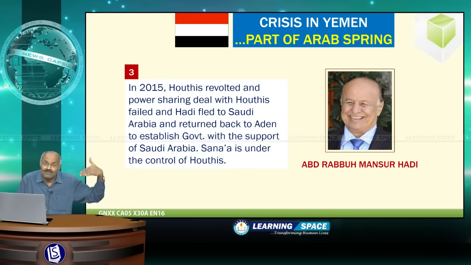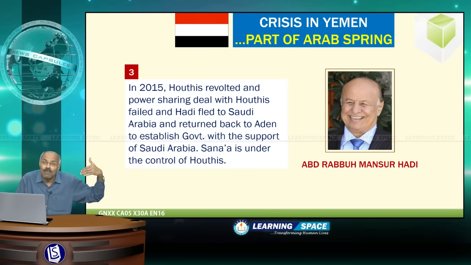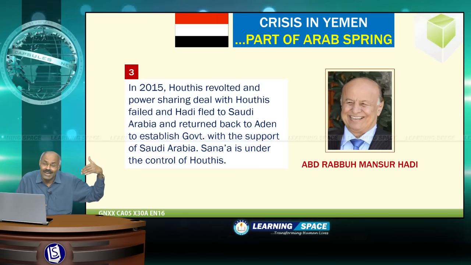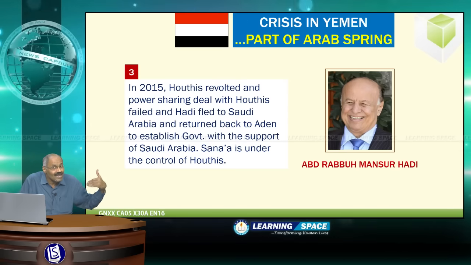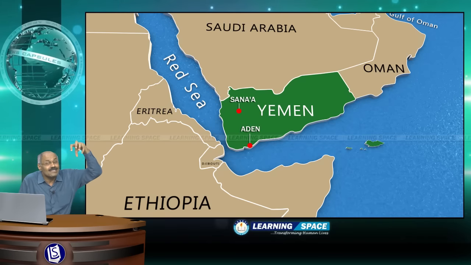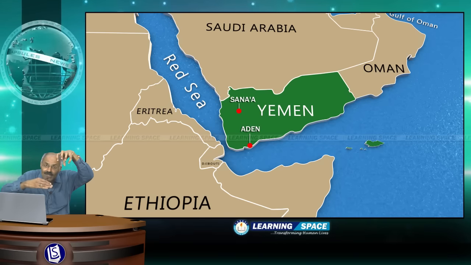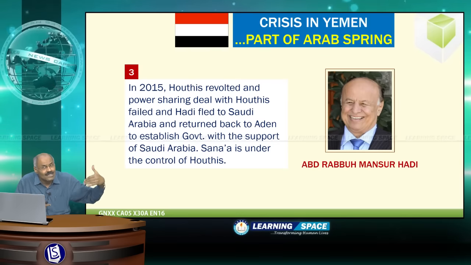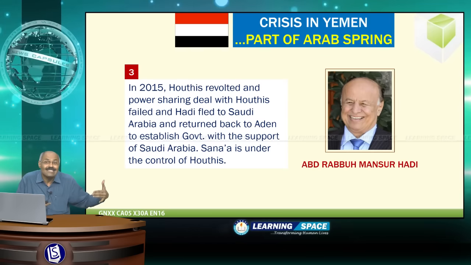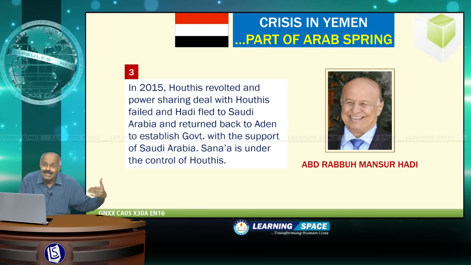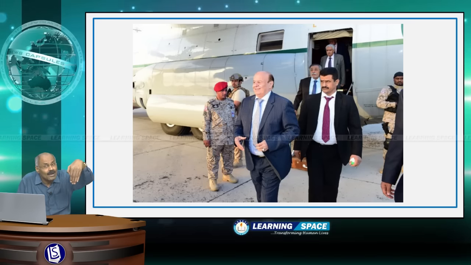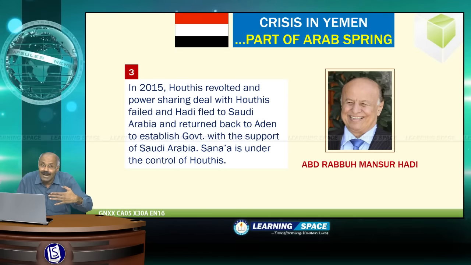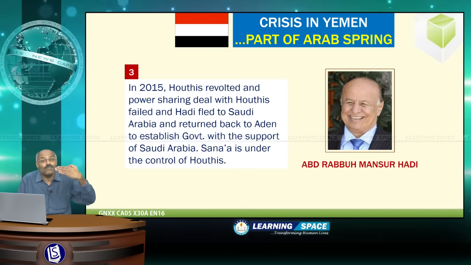Right? In 2015, the Houthis revolted and the power sharing deal with the Houthis failed, and subsequently the Houthi rebels advanced to Sana'a. As I have already told you, Sana'a is towards the interior of the country and Aden is towards the coastline. As the Houthis revolted and tried to capture the city of Sana'a, President Rabu Mansur Hadi fled to Saudi Arabia and sought its support, and subsequently he returned to Yemen to settle at Aden, and now he is running the government from Aden.